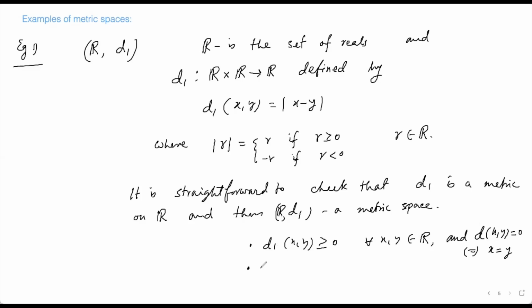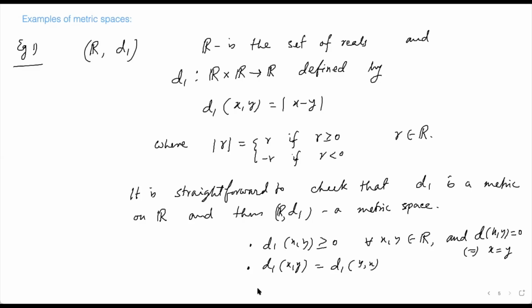And secondly, one needs to check d1(x, y) is equal to the absolute value of x minus y, which is equal to the absolute value of y minus x, and that is equal to d1(y, x).